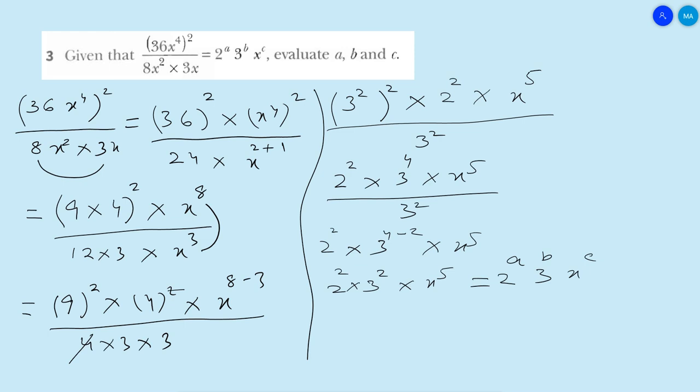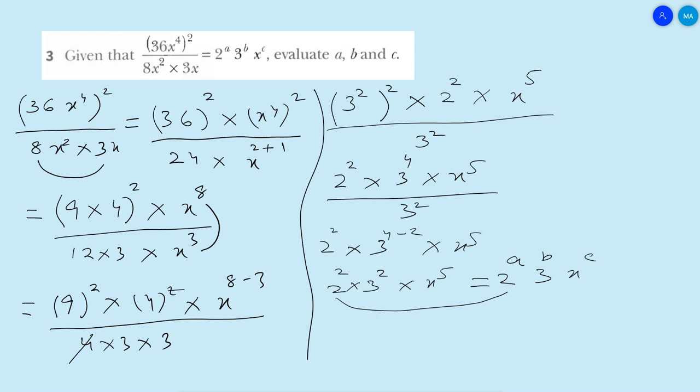Now you can understand why we convert each and every number in terms of 2 and 3, because we need 2 and 3 on the left hand side, because on the right hand side there are 2 and 3. Now apply the rule of indices. The rule of indices says if we have the same base on either side, left hand side and right hand side, what I mean, see this is 2 square, and on the right hand side this is 2 power a.